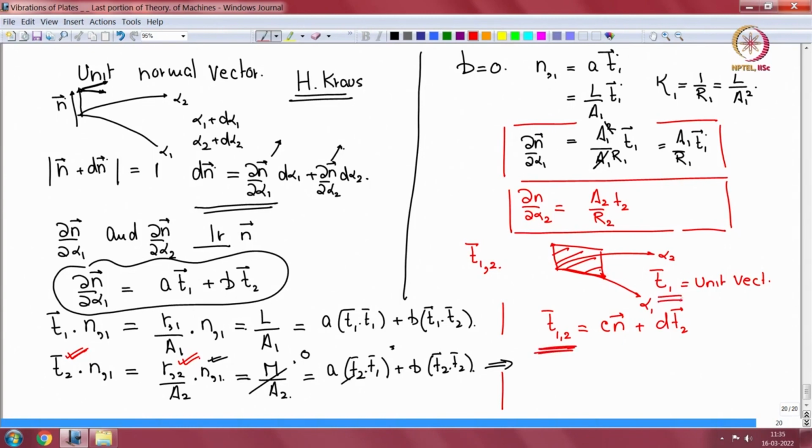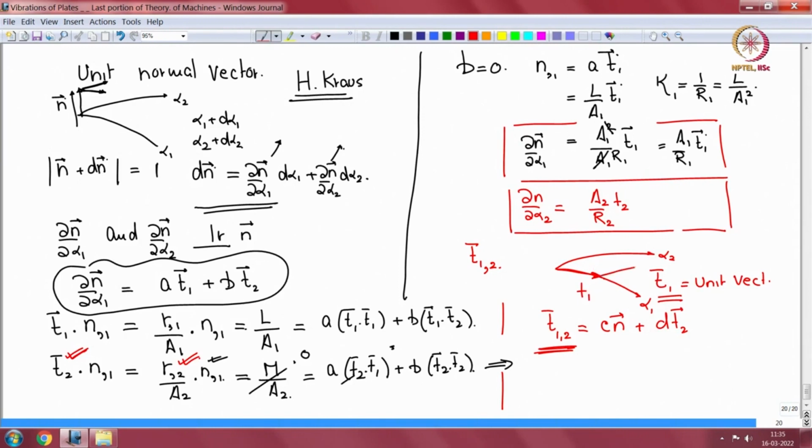Because T1 is a unit vector, T12, my mistake, will have no more components in the T1 direction.